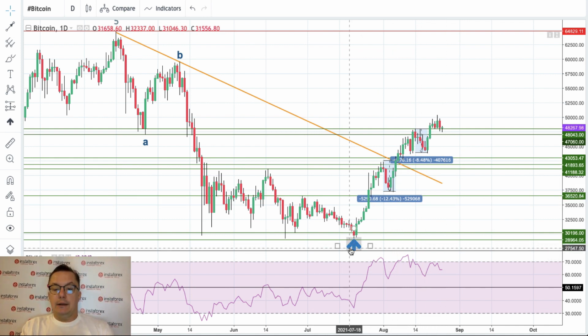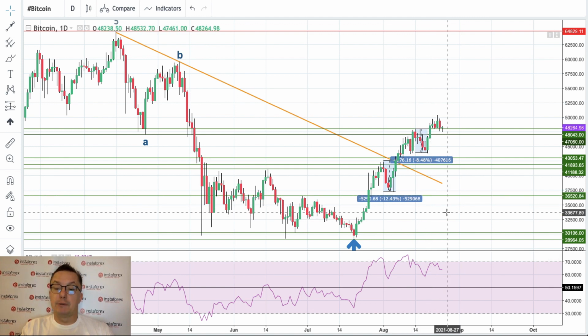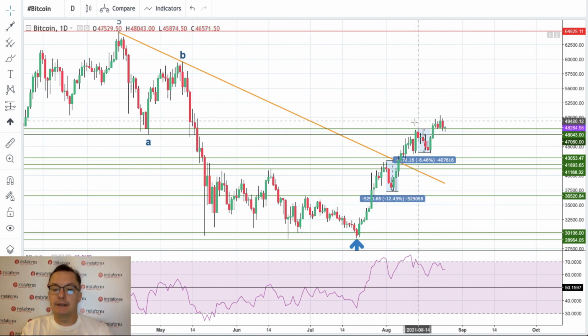The first wave up was made on the biggest momentum, the second wave up on the smaller momentum, the third wave up on the even smaller momentum, and after the 8.48 pullback, the last wave up was made on the lowest momentum so far. So the bulls are losing steam, they are losing the momentum, but this momentum, despite the fact that it is not that strong, is still positive.